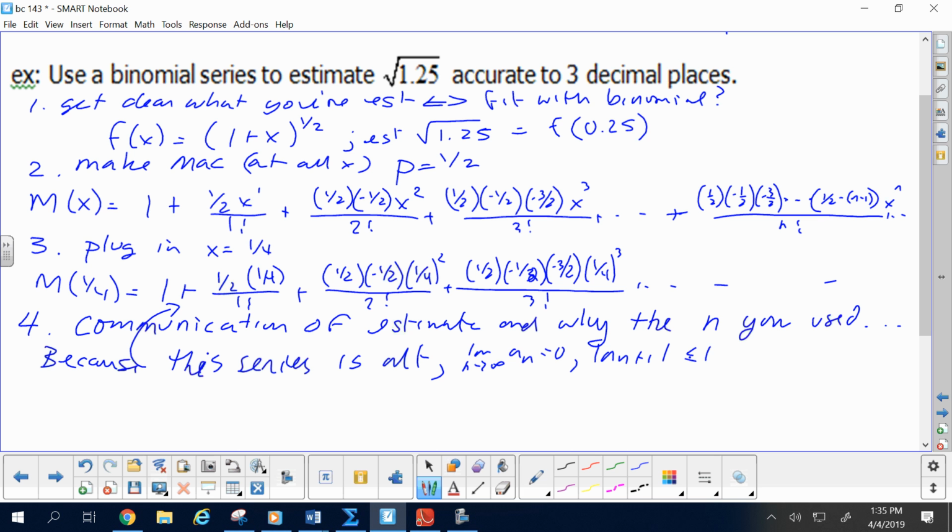In plain English: because this is an alternating series whose terms decrease in absolute value to 0, the error in S3, we said we're going to use 3 terms, right?